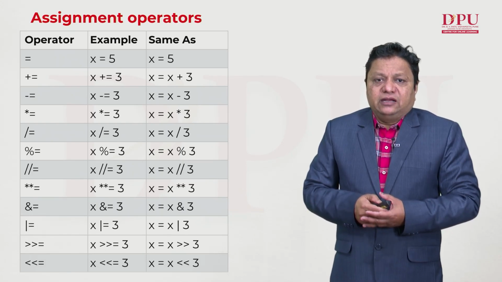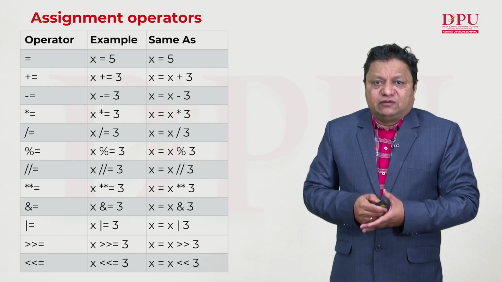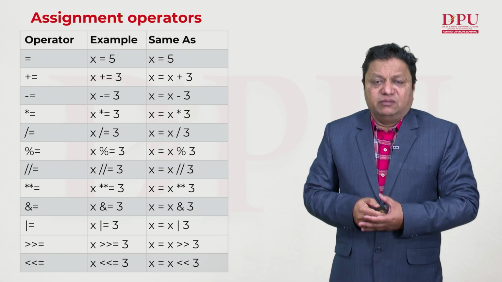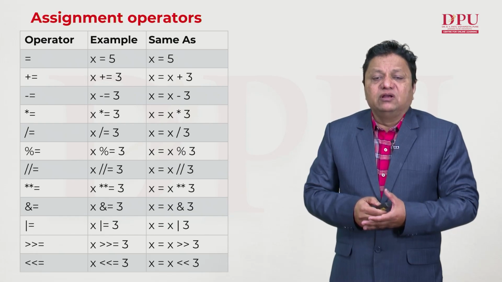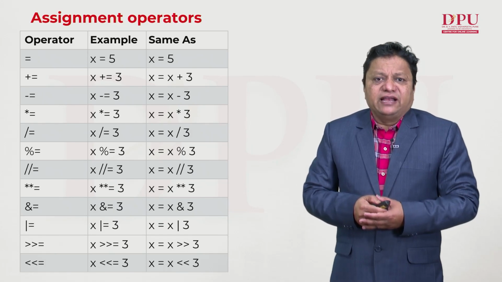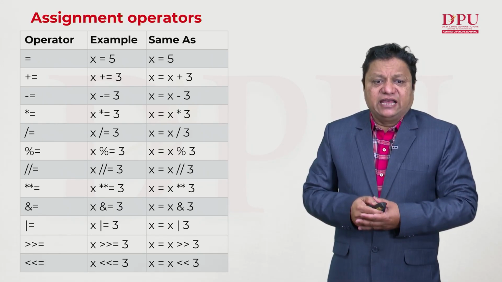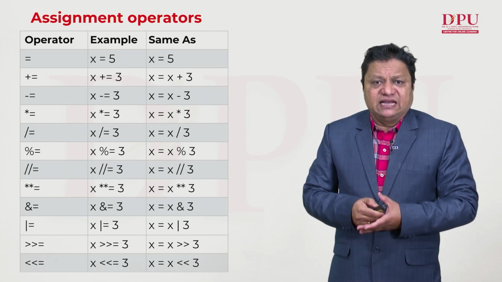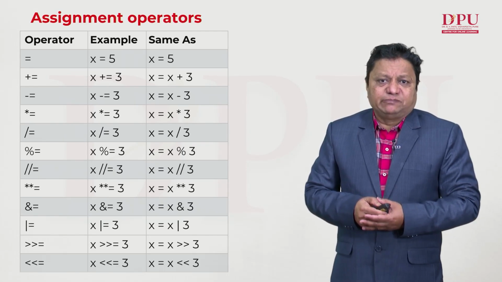So, the plus equal to is called compound assignment. If you want to use the shortcut, instead of writing x equals x plus 3, I can write x plus equal to 3, which is the same as x equals x plus 3.